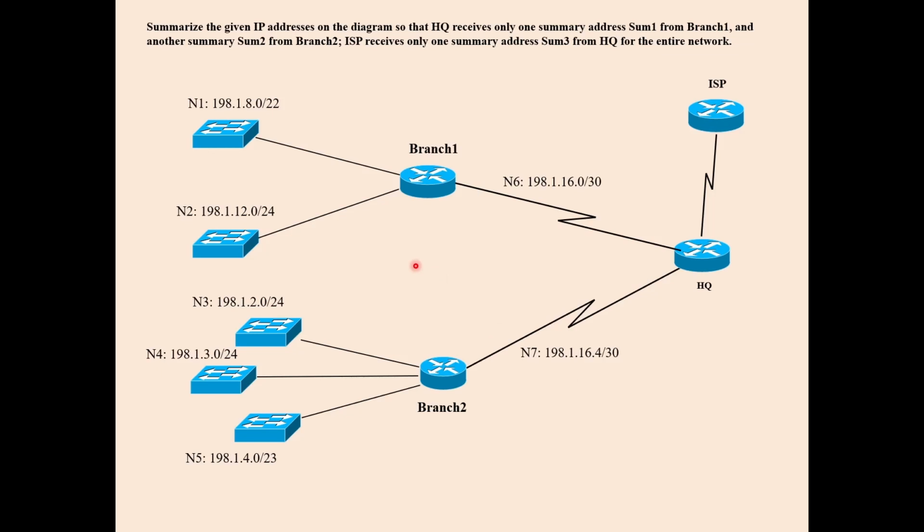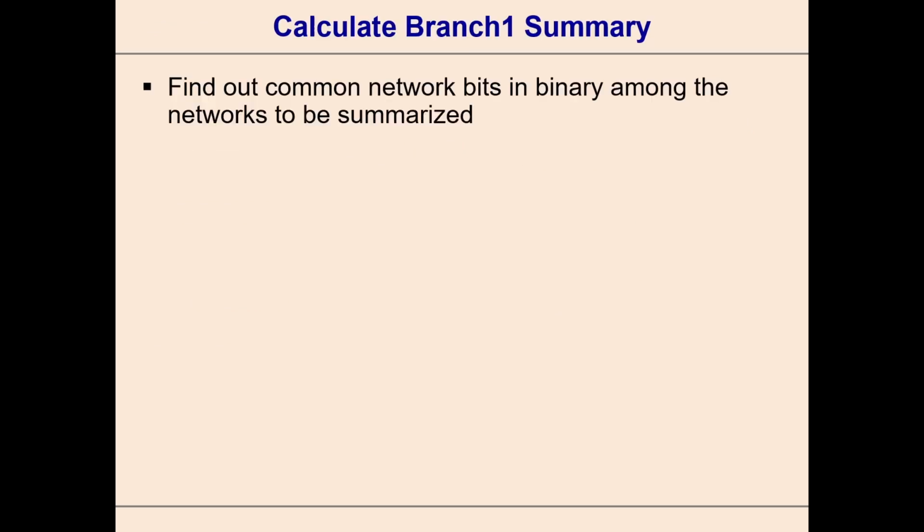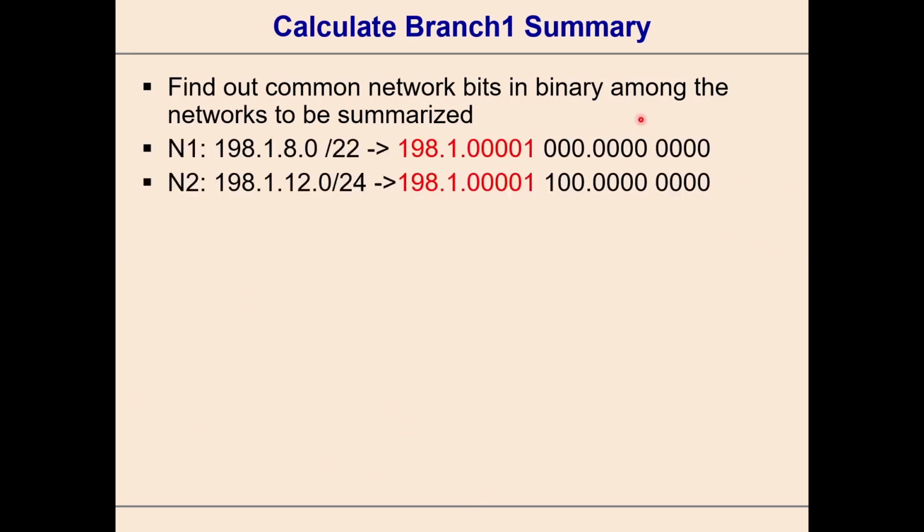So let's see, how do we summarize the 2 networks from branch 1 so that HQ receives only a single summary from branch 1. Now let's calculate the summary on branch 1. To calculate the summary, we list the 2 networks attached to branch 1 and search for matching common bits from the left side towards the right.